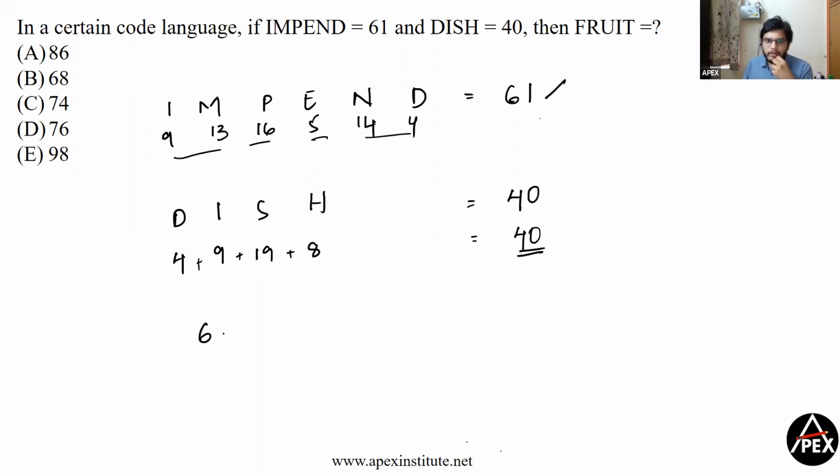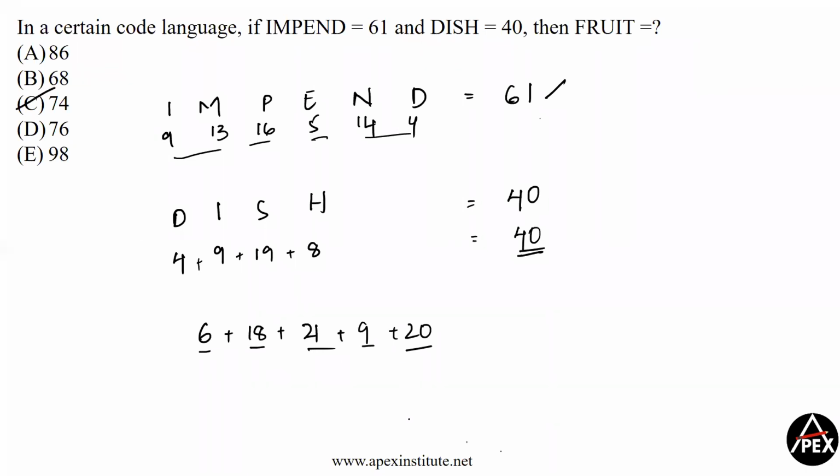So this will be 6 plus 18 plus U is 21 plus I is 9 plus T is 20. So 21 plus 9 is 30, 30 plus 20 is 50, 50 plus 18 is 68, 68 plus 6, this question should be 74, guys. So option C should be the right answer.